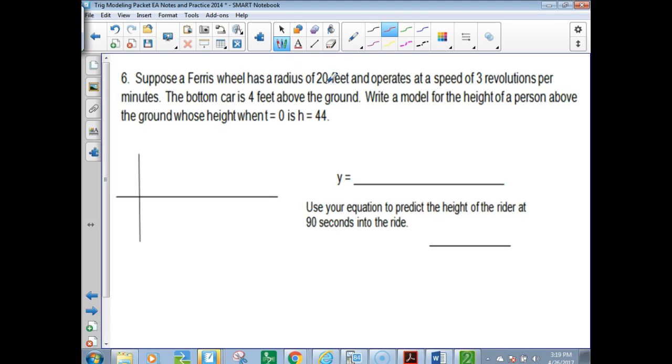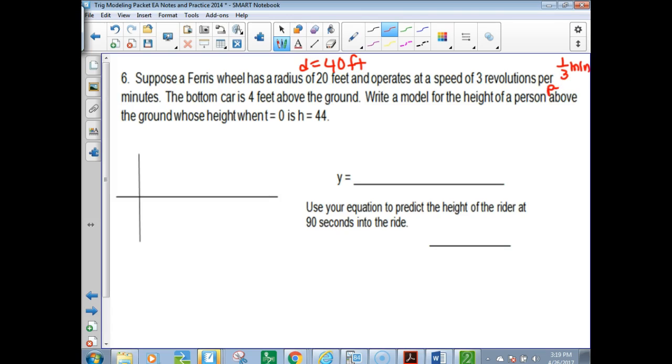Okay, if the radius is 20 feet, what's the diameter? That's going to be the distance between the max and the min. It operates at 3 revolutions per minute. So if it does it 3 times in a minute, then 1/3 of a minute is 1 cycle.